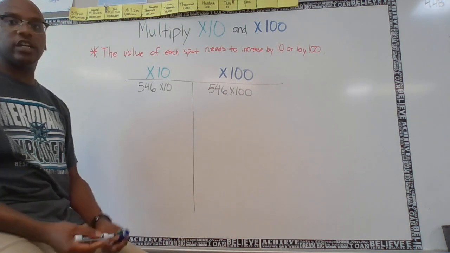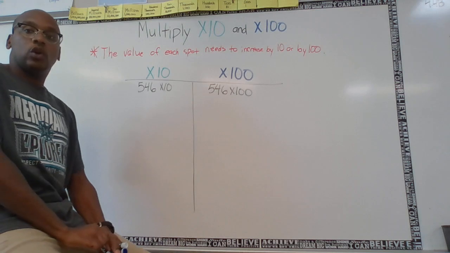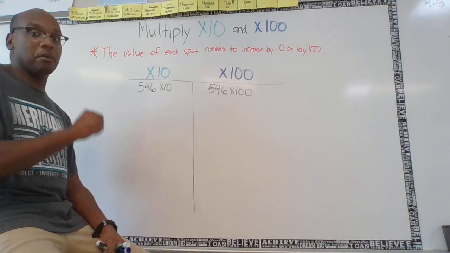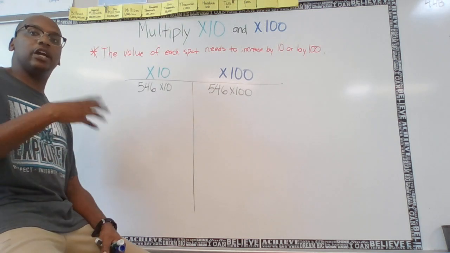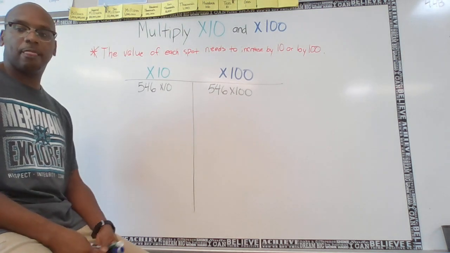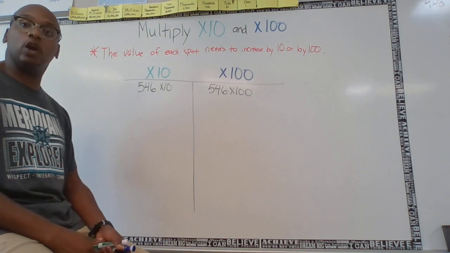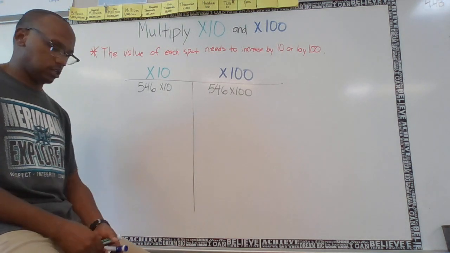All right, the first thing you need to do is remember that each value in this number 546 needs to be increased by a multiple of 10, right? So an easy way that I do it is I put it in expanded notation times 10, right?